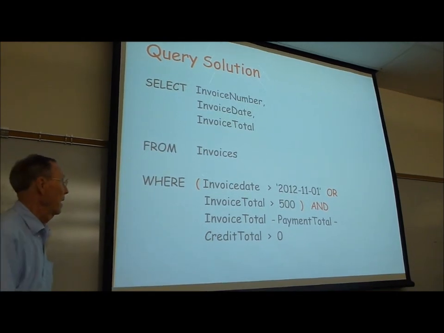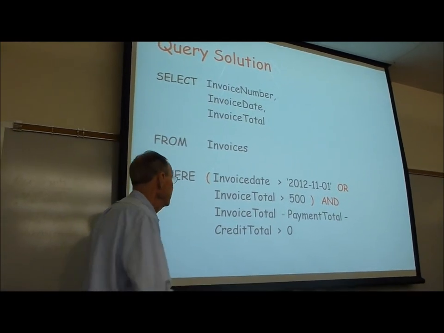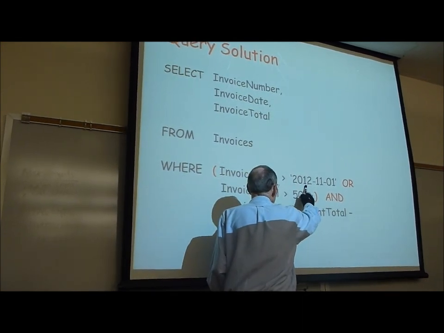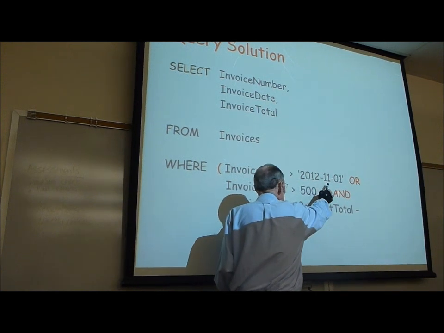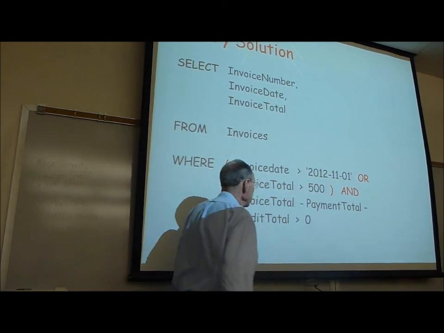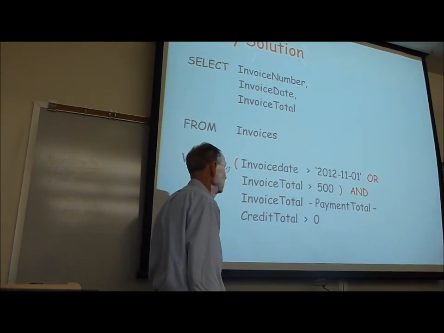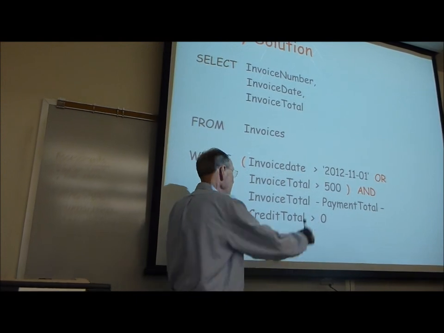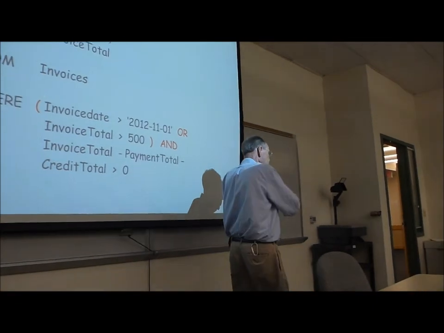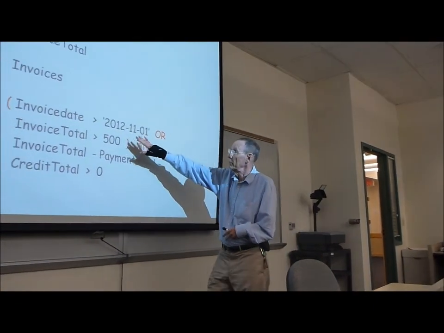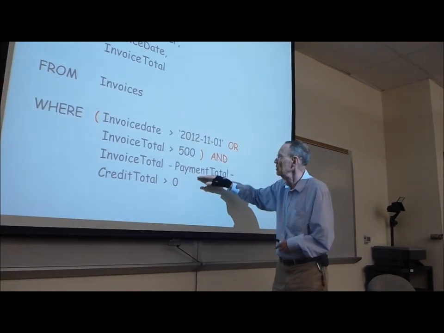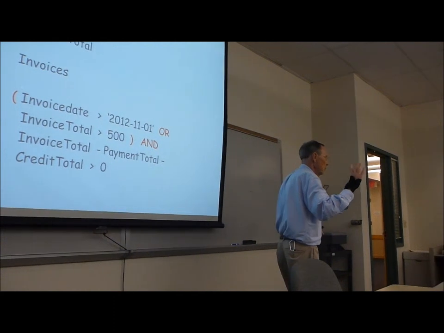So if you'll recall what we had, I'm interested in invoices greater than that date or greater than 500. And then, the order of precedence, if I just put these in without the parentheses, and I had this, or, and then I had the and then this, the ANDs would be done first.